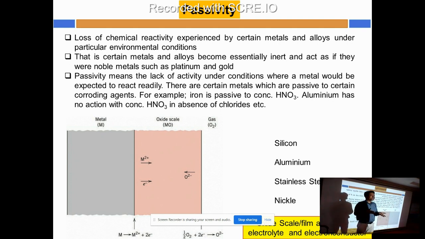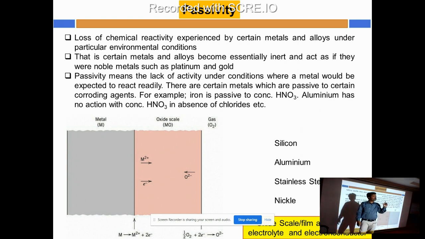What is there in stainless steel? Iron only. Iron is very active and will undergo corrosion. But chromium added to the iron, which we call stainless steel, will form a chromium oxide layer, which is an inert layer. So there won't be corrosion. That is the reason why materials will behave passively because of this oxide layer.